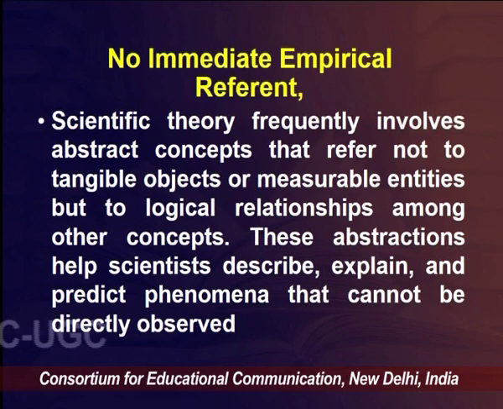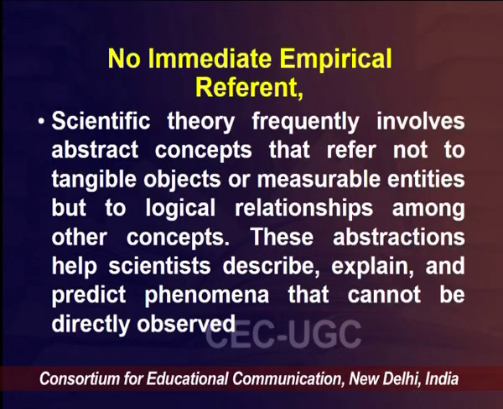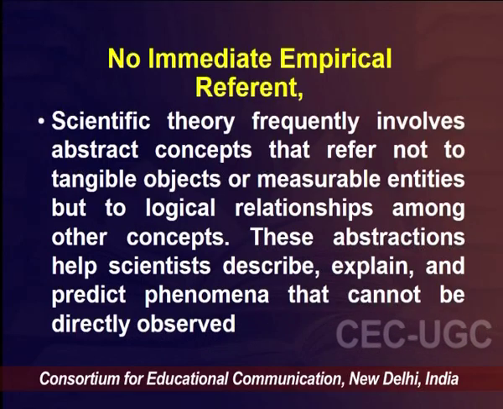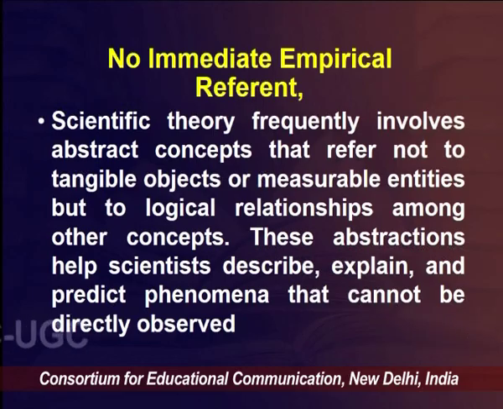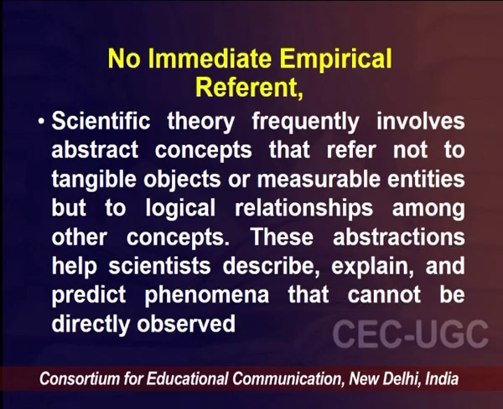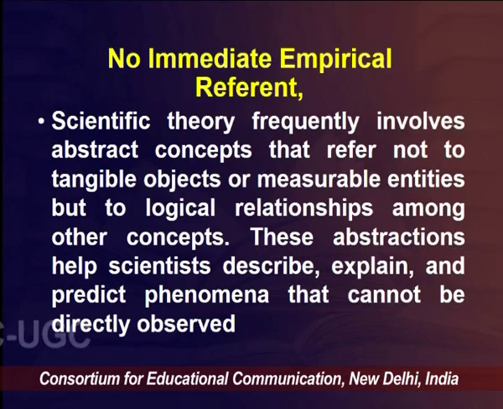Scientific theory frequently involves abstract concepts that refer not to tangible objects or measurable entities, but to logical relationships among other concepts. These abstractions help scientists describe, explain, and predict phenomena that cannot be directly observed.